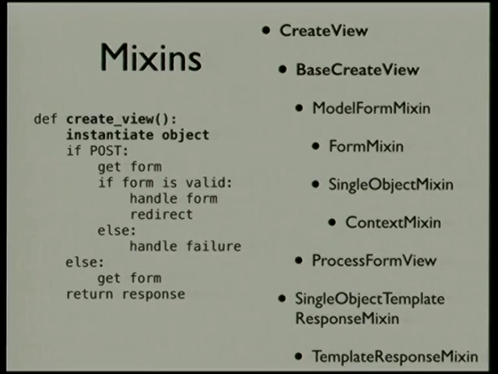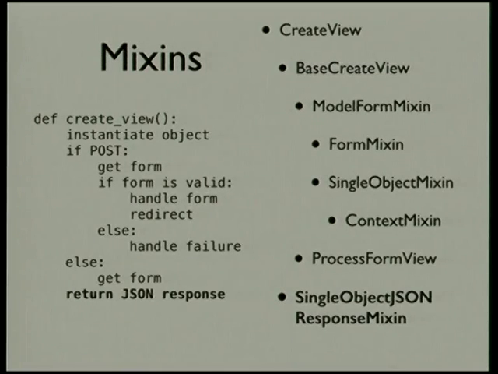Okay, so what if we don't want to change from a create to an update? What we want to do is, instead of returning a template, return a JSON response. Well, okay, again, all you've got to do is change the bit down the bottom. The way you're dealing with a single object, the way you're rendering a context, none of that has changed. All that's changing is the object you've got needs to be pushed to JSON instead of being pushed through a template.